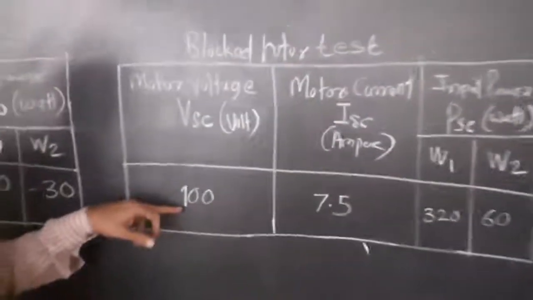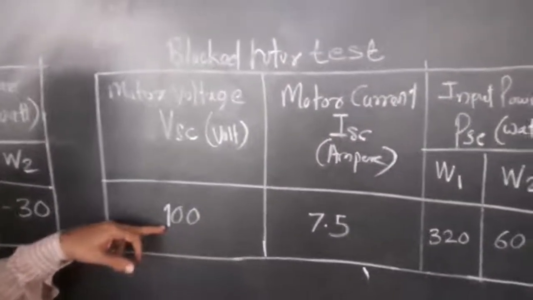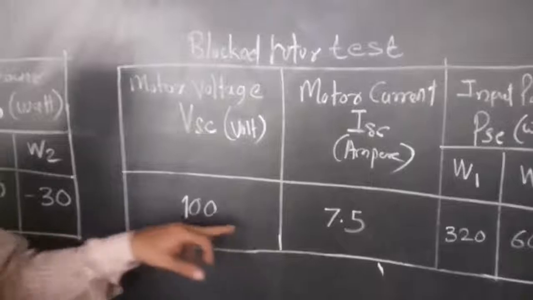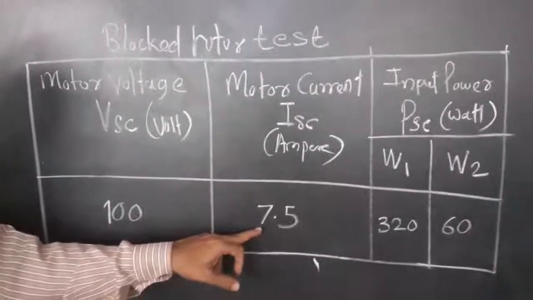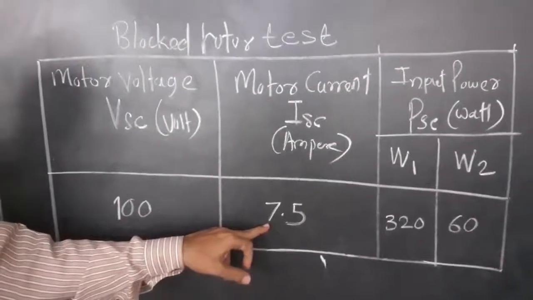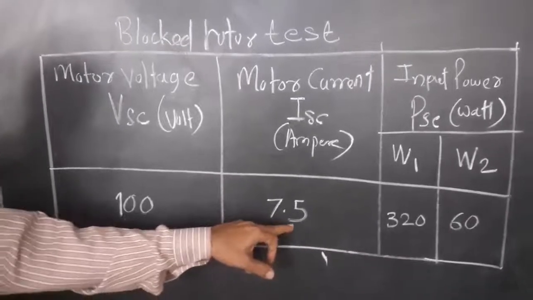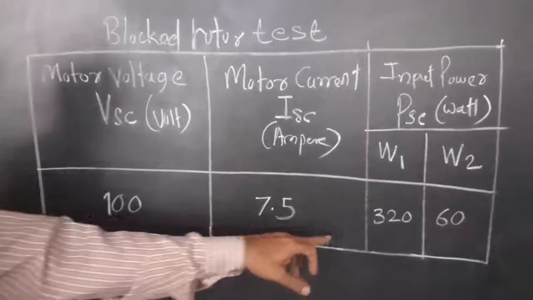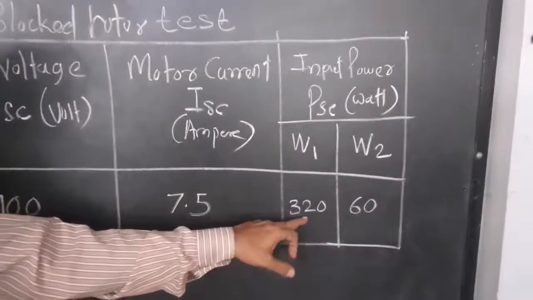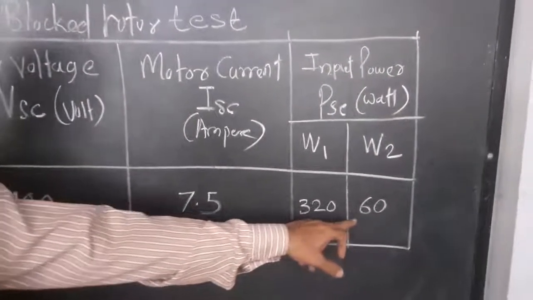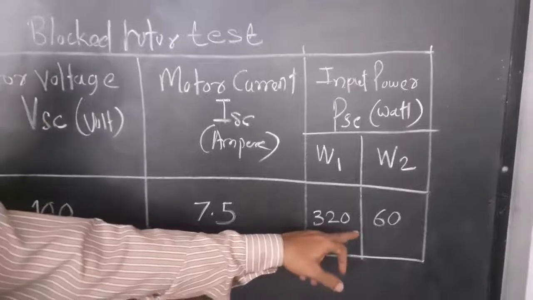Now we will see the block rotor test readings. VSC is the voltage necessary to circulate the current through the rotor, which is blocked. The equivalent current in the stator is 7.5 ampere, which is the rated current. The corresponding reading of W1 is 320, W2 is 60. This includes the multiplying factor.